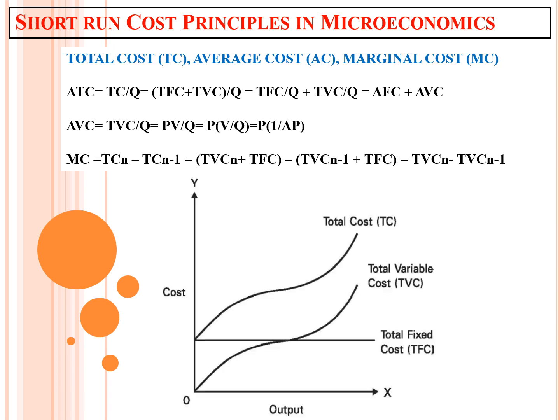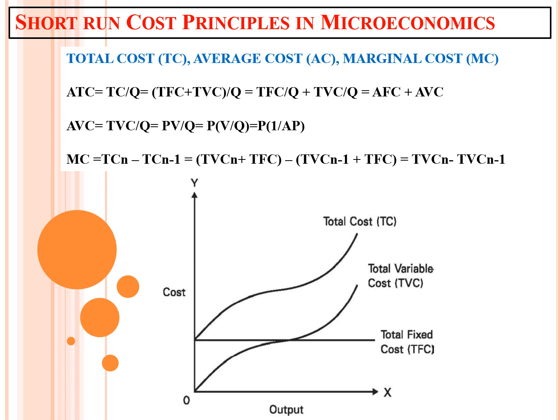If you learn all these things, then you just see that total fixed cost is parallel to the x-axis. In the short-run production function, the fixed factors remain constant. So whatever cost is incurred for buying them also remains constant, but it has some value.